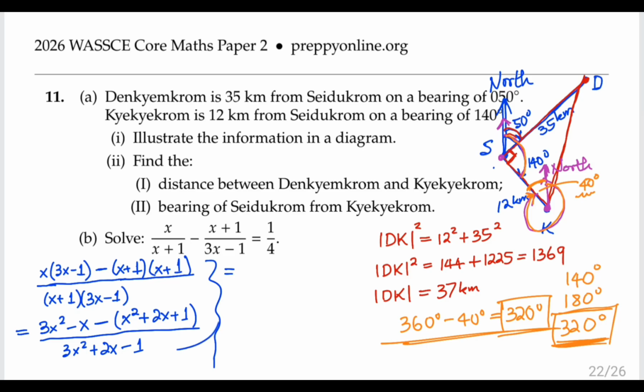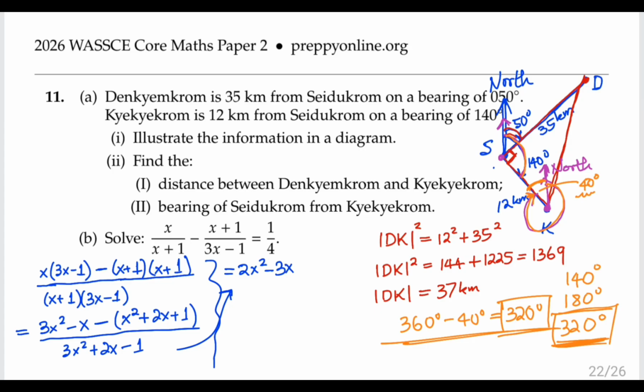So this quantity is what we are bringing up here. We have 3x squared minus x. Then we have another minus x squared. So 3x squared minus x squared is going to be 2x squared. Then let's look at the terms in x. We have minus x minus 2x. So that gives us minus 3x.